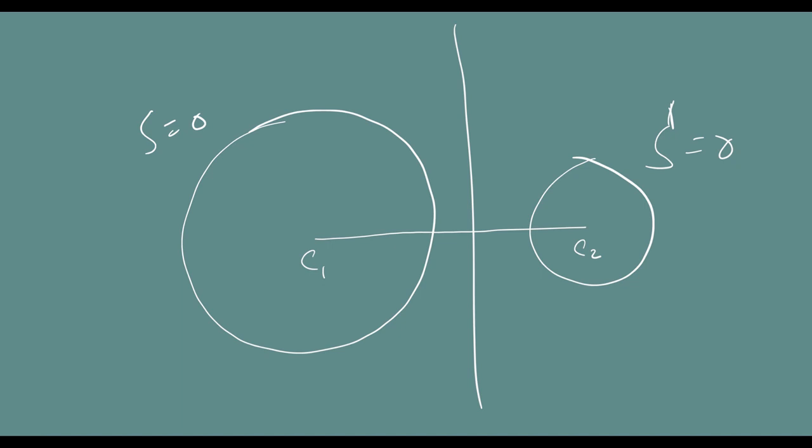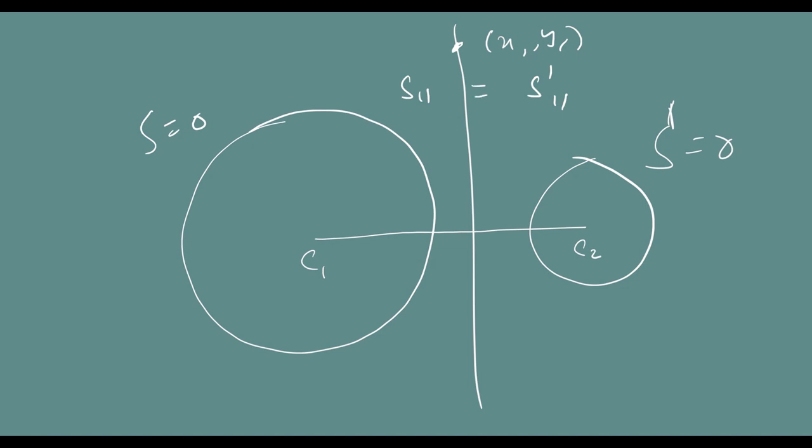Now, what is the definition of radical axis? It is locus of the points such that the power of that point with respect to both the circles is the same. That means if this point is (x1, y1), the power of this point with respect to S = 0 is S11, and the power of this with respect to S' = 0 is S'11.